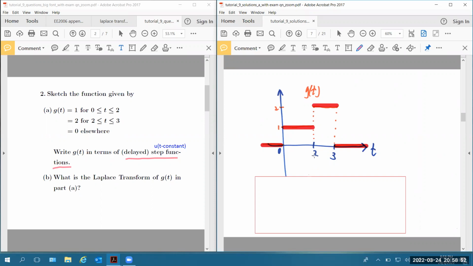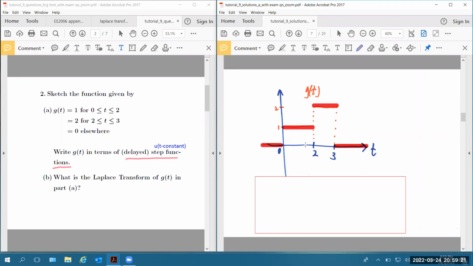So Professor, can we draw the vertical line as well? No, you cannot. Why do you want to draw vertical lines? I'm just curious. No, you don't draw vertical lines, because the function is 1, so it's just 1, right? Yeah, but in the step function, the normal u(t), there's a vertical line between 1 and 0, right?